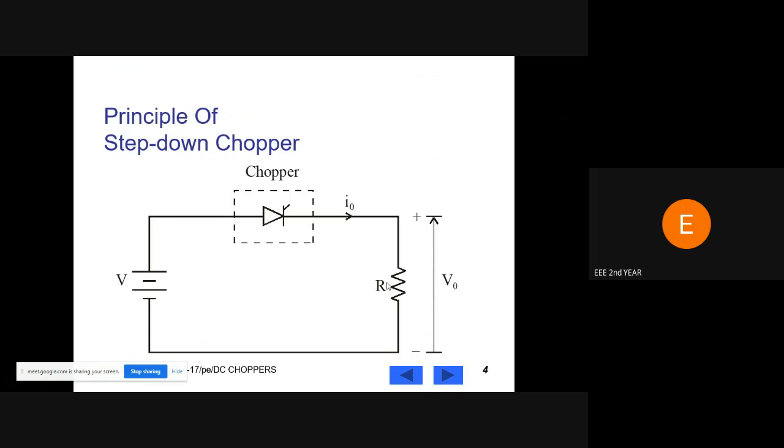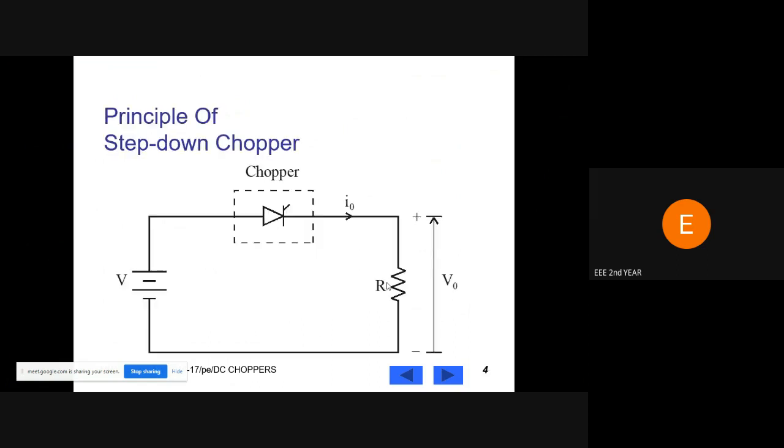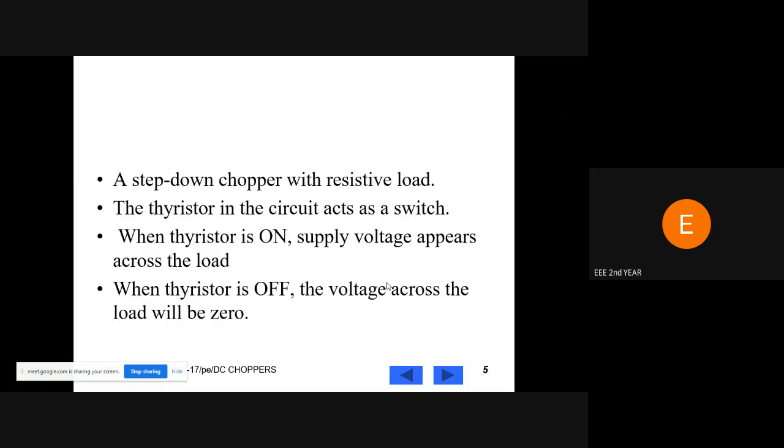When the chopper switch is in on condition, the voltage flows through to the load resistance R, so the output voltage V naught is equal to the input voltage Vs. A thyristor commonly acts as a switch. If the thyristor is on, the supply voltage appears across the load. If the thyristor is in off condition, the output voltage becomes zero.